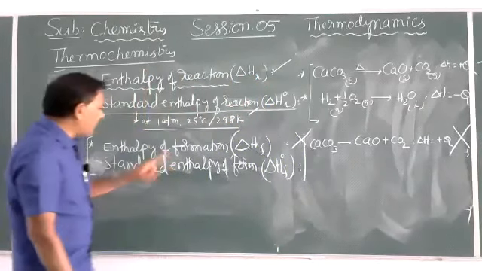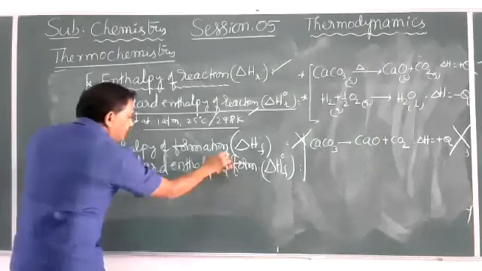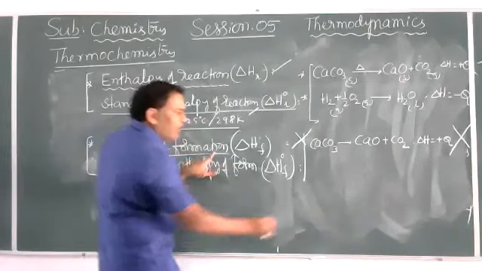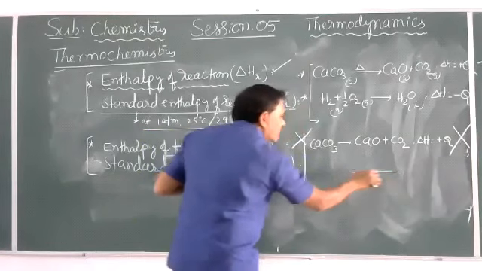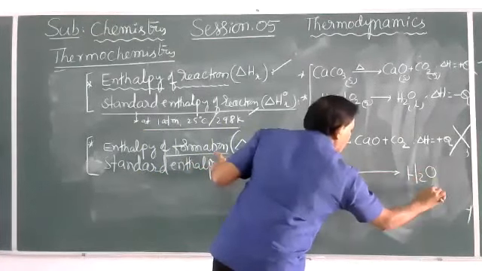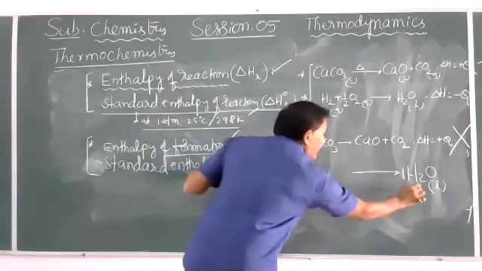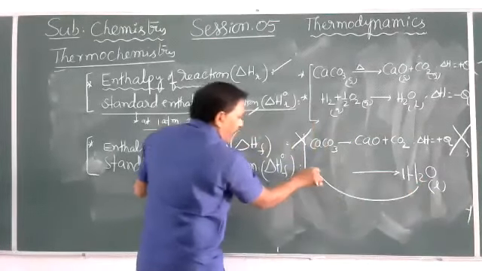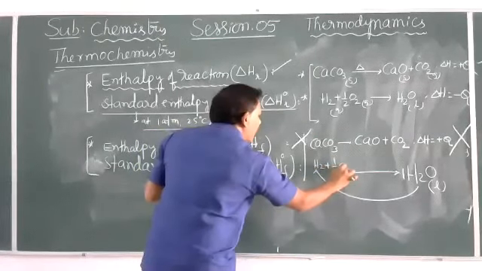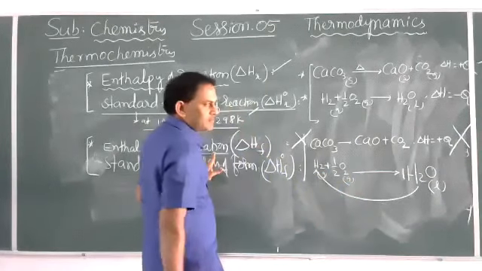Because enthalpy of formation is the change in enthalpy that occurs when 1 mole of compound is formed. That is, 1 mole of H2O is formed, a liquid, 1 mole, from its constituent elements, that is hydrogen plus half mole of dioxygen, which is a gas.